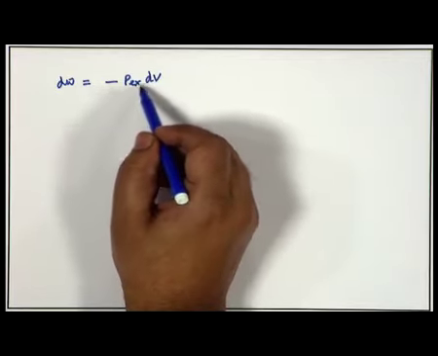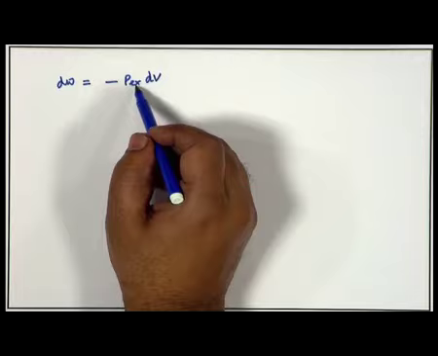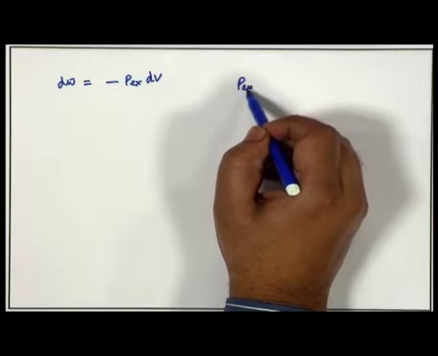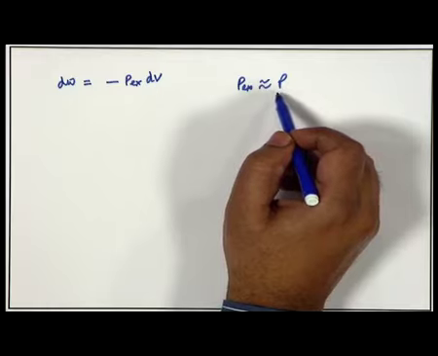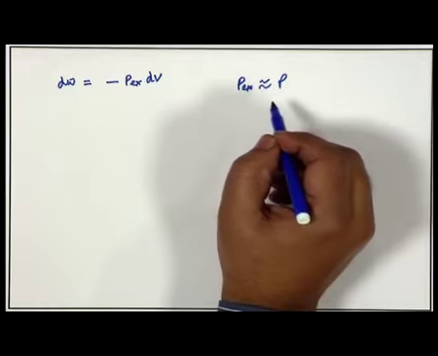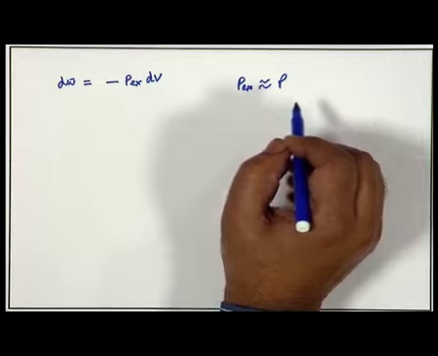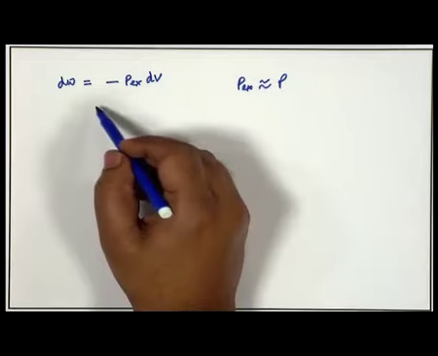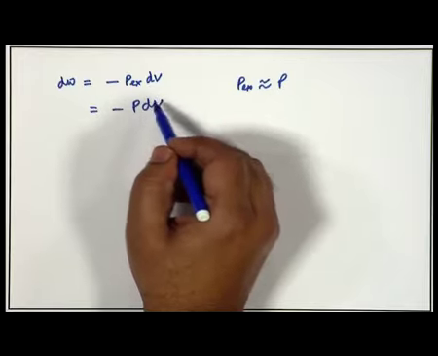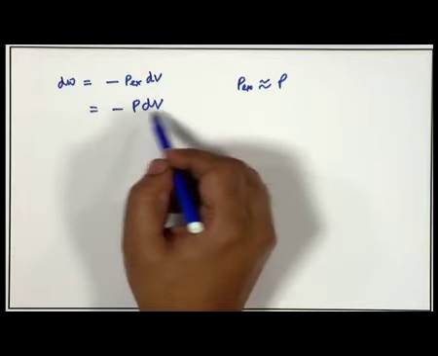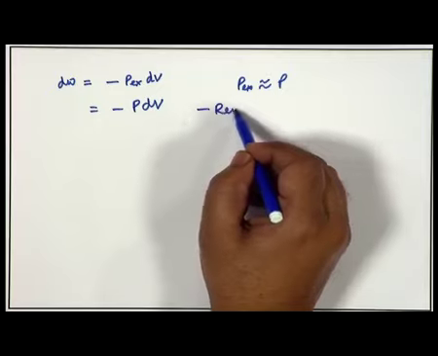And as Pex is almost the same as P, because the difference between them is infinitesimally small, we can write just P instead of Pex. So, this is for a reversible process.